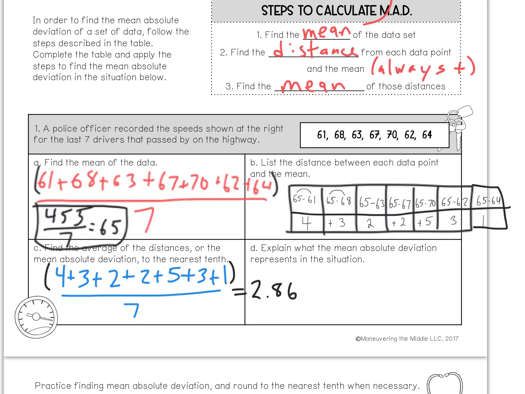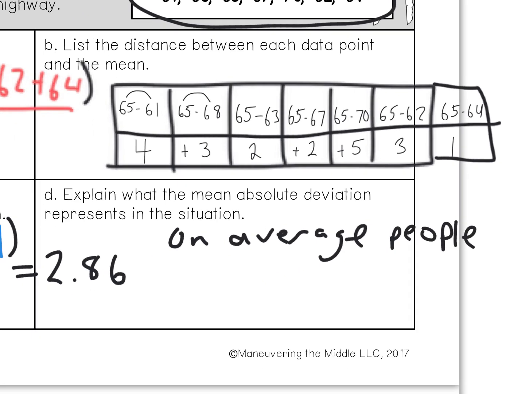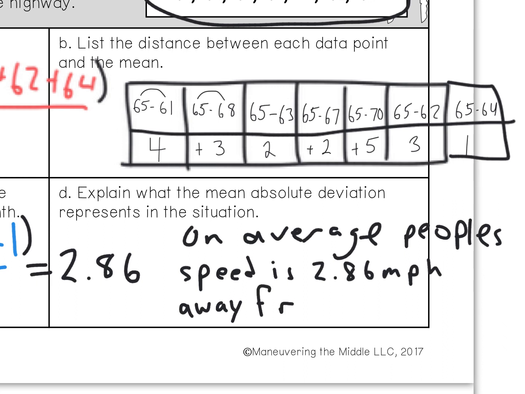A police officer recorded speeds. So these are speeds. These are how fast people go. And so this means that on average, people's speed is 2.86 miles per hour away from 65.